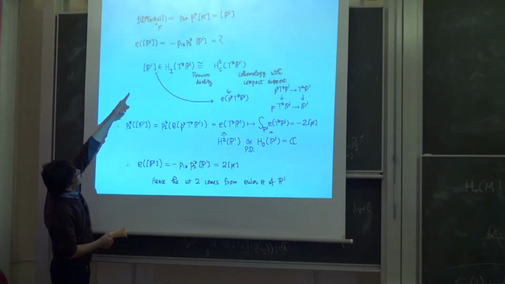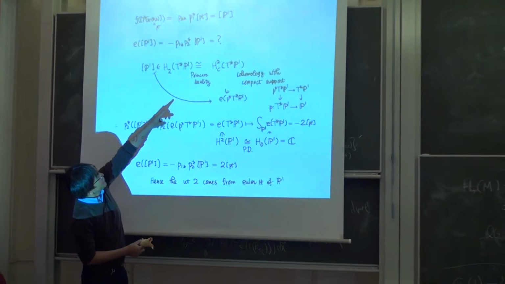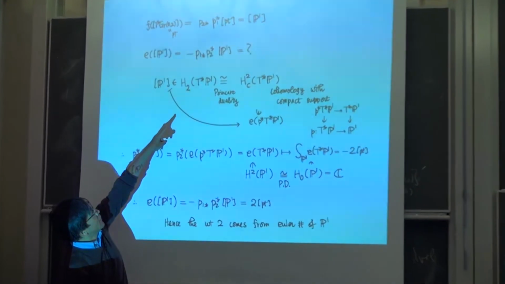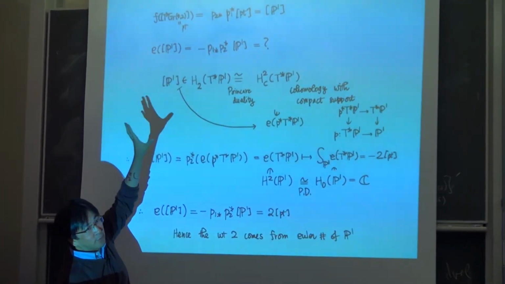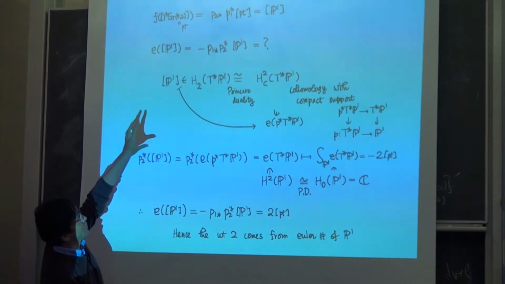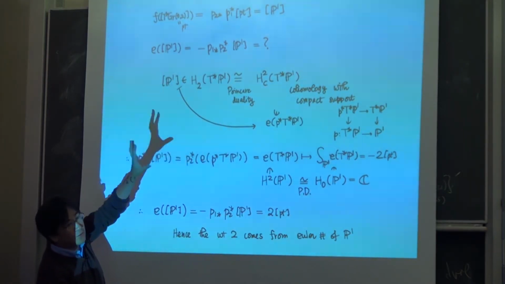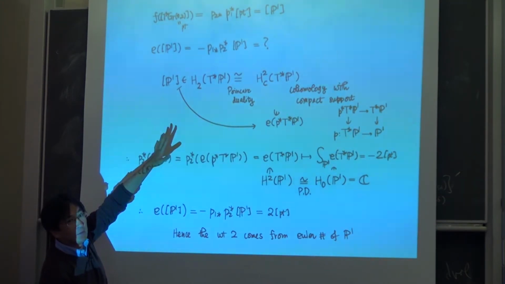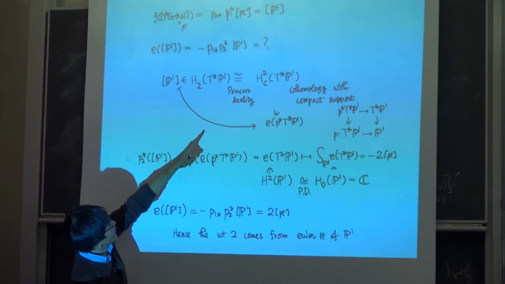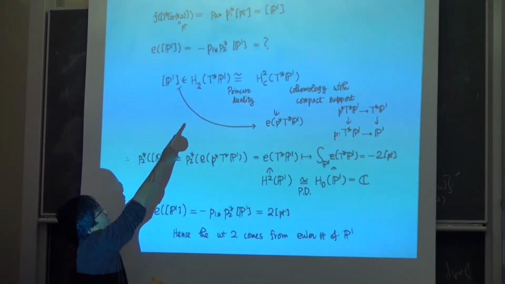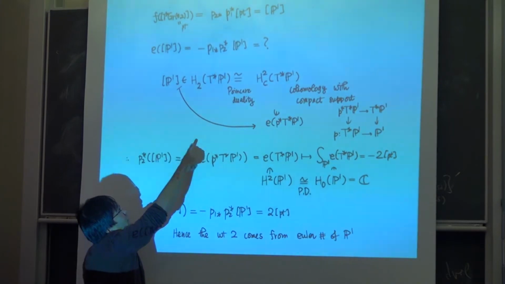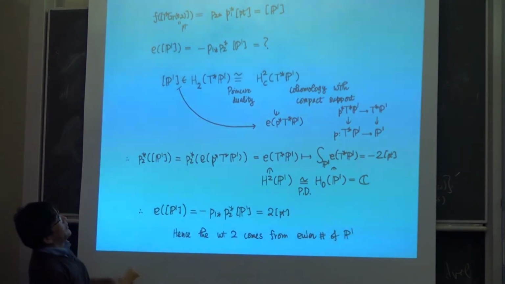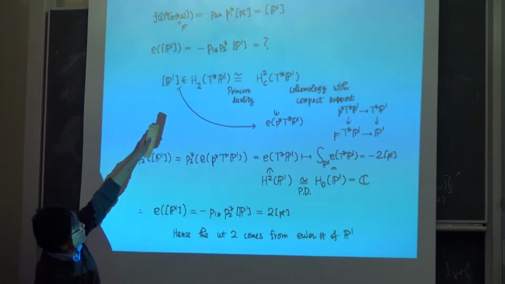So for this P1 under the Poincare duality, you must be a bit careful because T star P1 is a non-compact space. For a non-compact space, Poincare duality involves the usual cohomology group and the cohomology group with compact support. The usual homology group is mapped to the cohomology group with compact support, right? That is easy to understand.